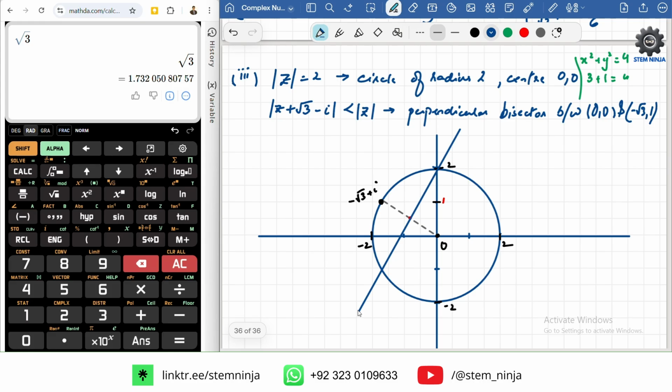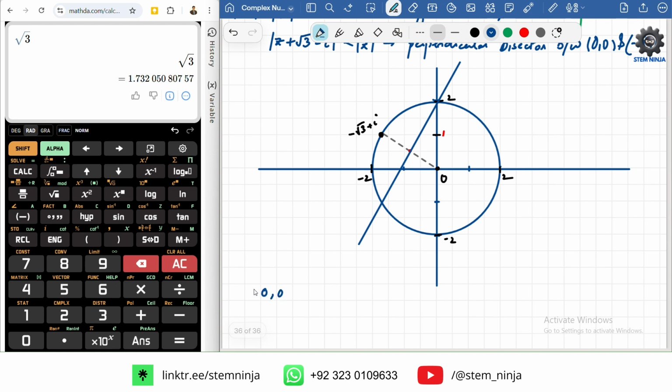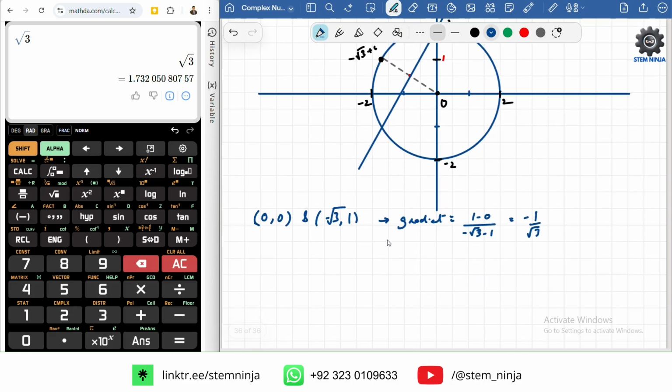So it appears to pass through 2. We can actually verify that also, so that our sketch is relatively better. So you have 2 points, 0, 0 and minus root 3, 1. Very quickly, this working has to be very quick. The gradient is 1 minus 0 over minus root 3 minus 0, so basically minus 1 over root 3. So the gradient of the perpendicular bisector would be root 3, right?